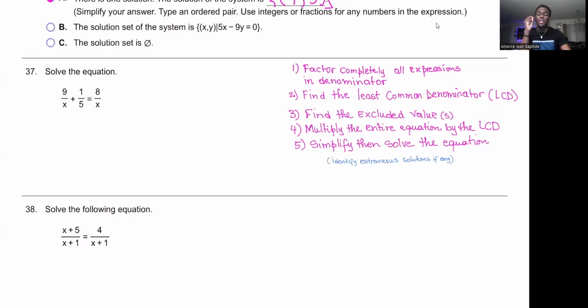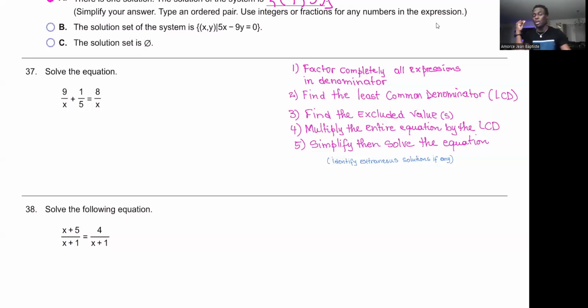So any value that makes the denominator, or the LCD, equal 0 is called an excluded value. You need to find them and list them, in case when solving your equation you get them, so you know that these values are to be rejected.